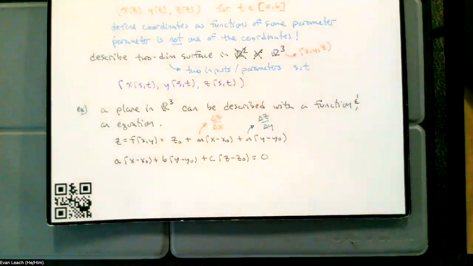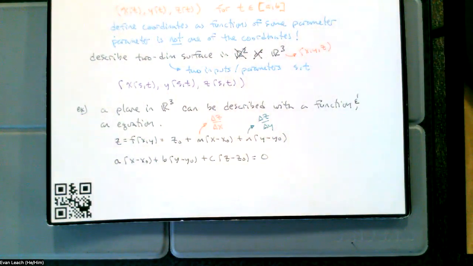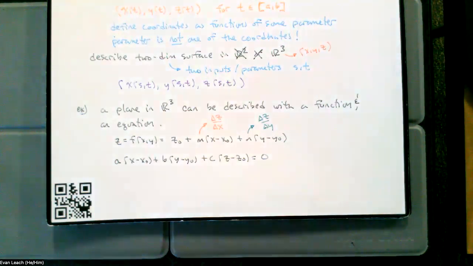Here's a plane containing the point x naught, y naught, and z naught. And in this case, the coefficients a, b, and c describe a normal vector. So we're describing this plane as everything perpendicular to the vector a, b, c.